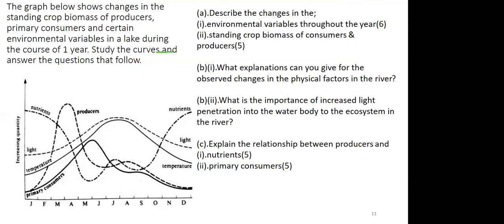Then I think you need to look at your graph very well, because if you say mid-May and you tell us that there is a decrease in consumers, I don't think that is correct. You look carefully. Don't look at it from an angle.